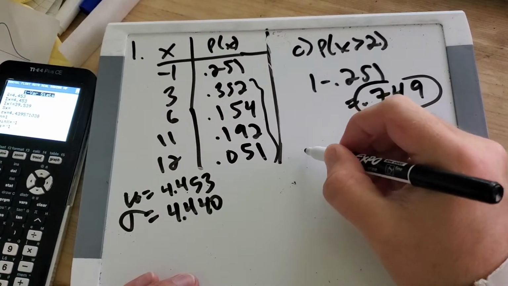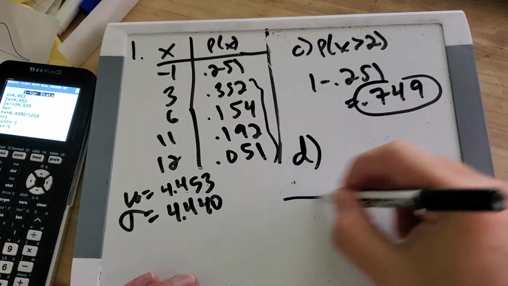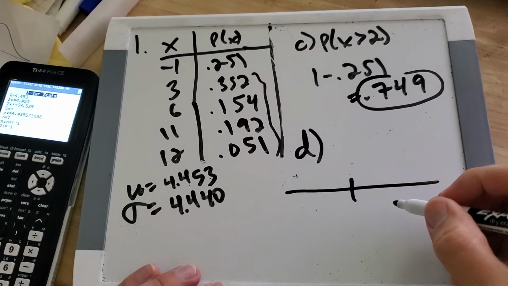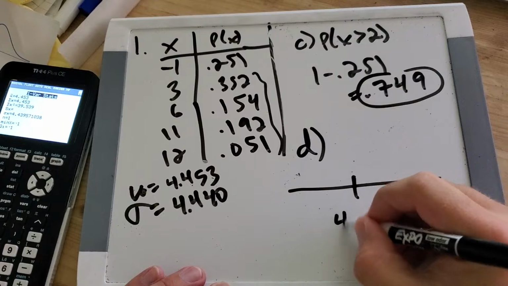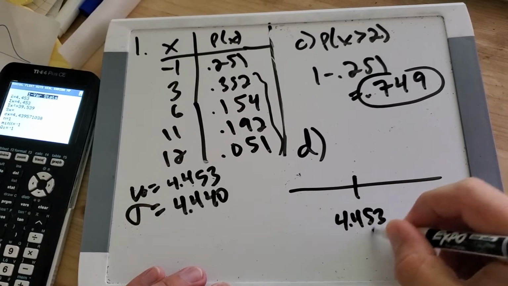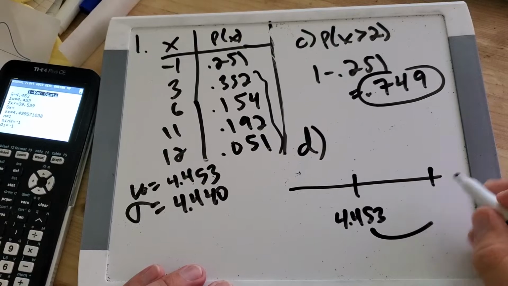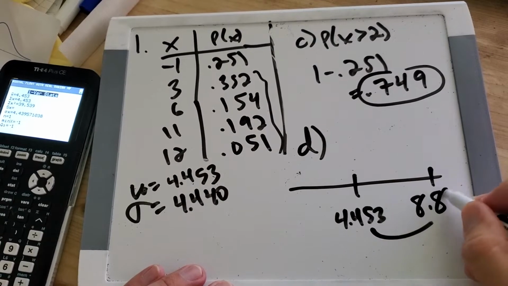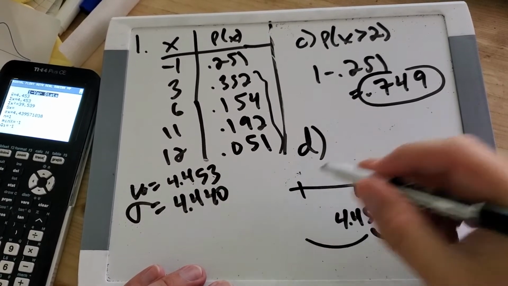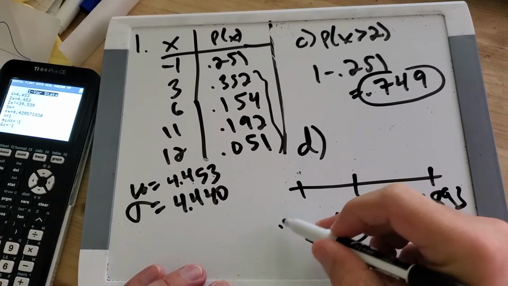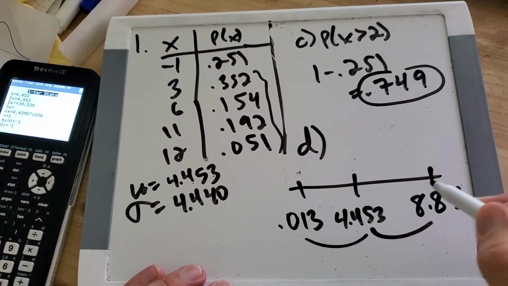Part D says, this should sound very familiar. What percent is within 1 standard deviation of the mean? So here's the mean. If I go up 1 standard deviation, I end up at 8.893. If I go down 1 standard deviation, I end up at 0.013.